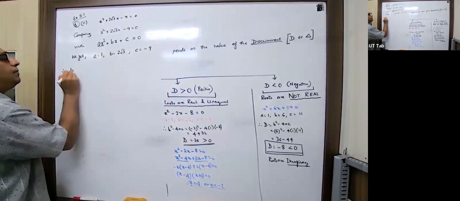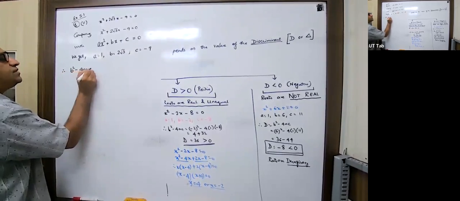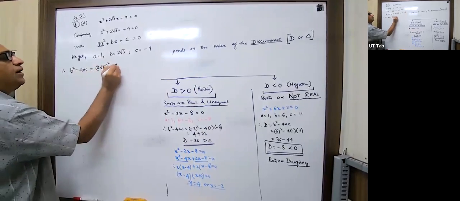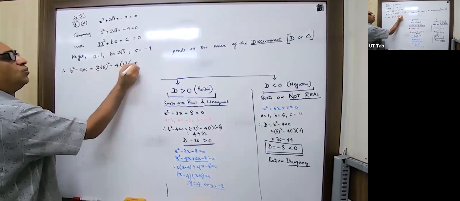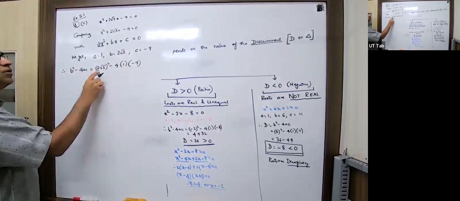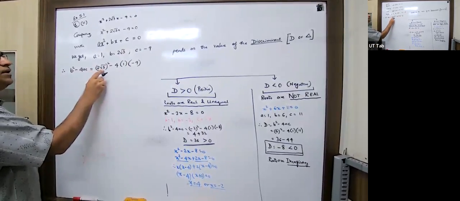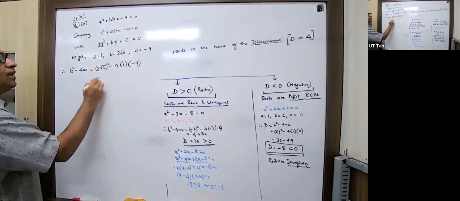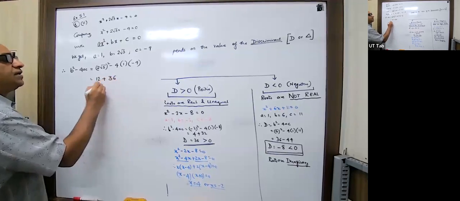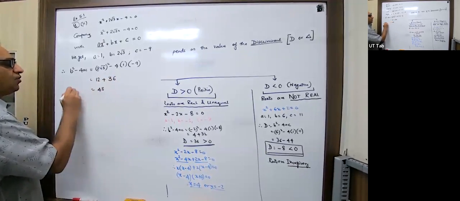Therefore, b squared minus 4ac is equal to 2 root 3 the whole square minus 4 into 1 into minus 9. 2 squared 4, root 3 squared 3, 4 3s are 12, minus into minus plus, 4 9s are 36, which is 48.